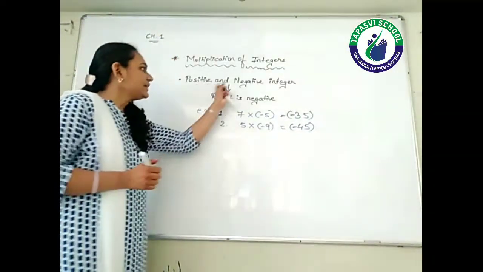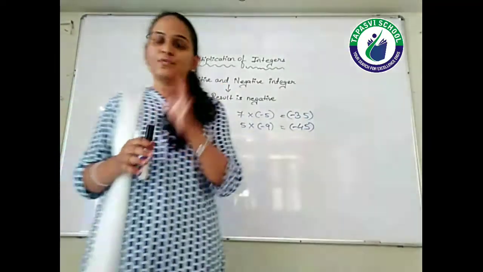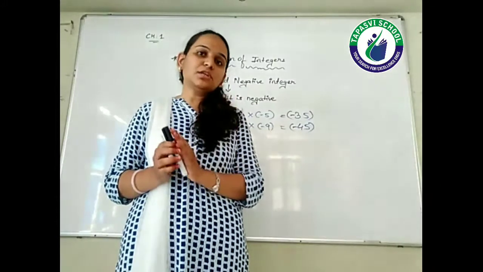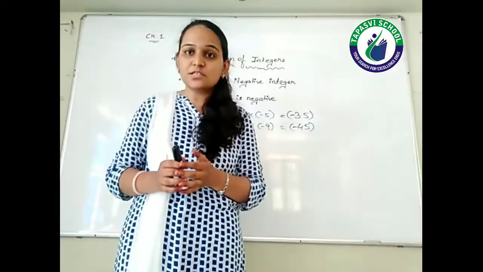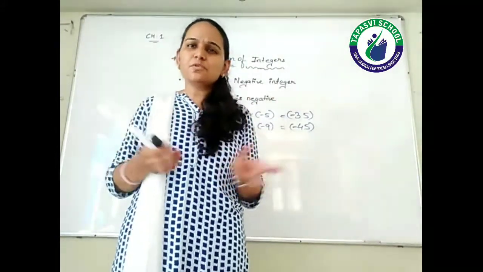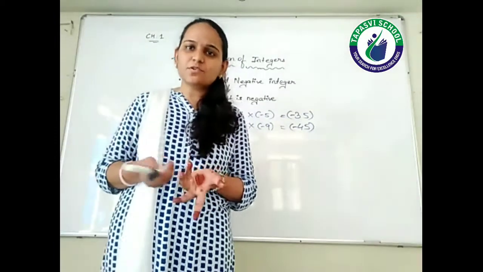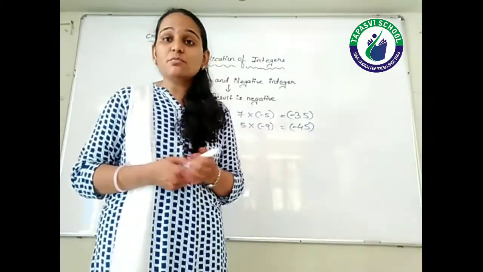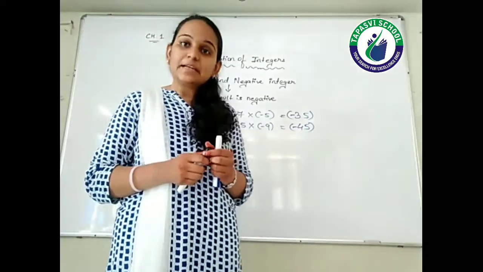Okay. Similarly, we can have the combination of negative negative. We can have the combination of positive positive also, right? But if positive and positive is there, then the answer will always be positive only. But let's see when there is a combination of negative and negative, right, students?